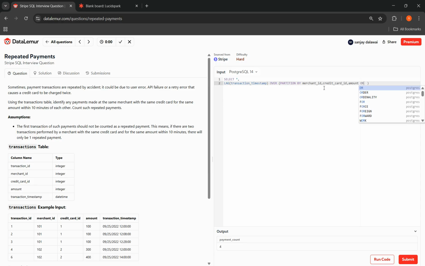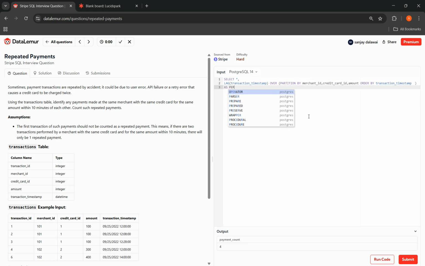And then I will order it by transaction timestamp, so that when we do the lag, we get the correct timestamp, and I will rename it as previous timestamp from transaction.